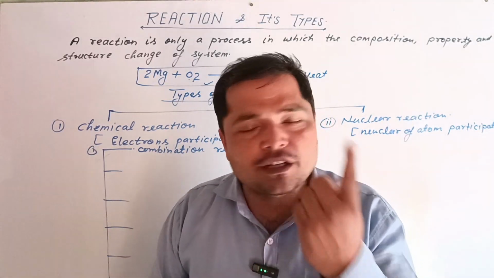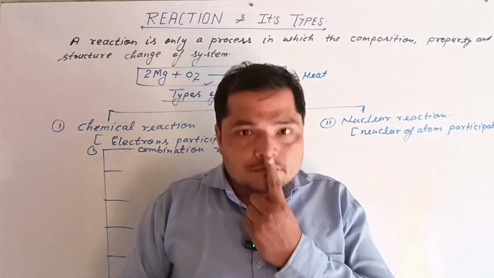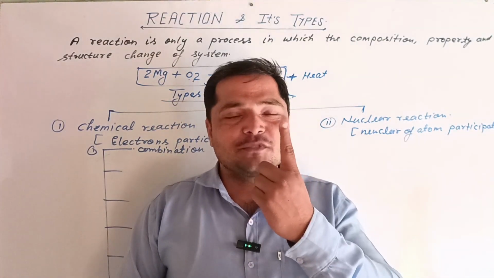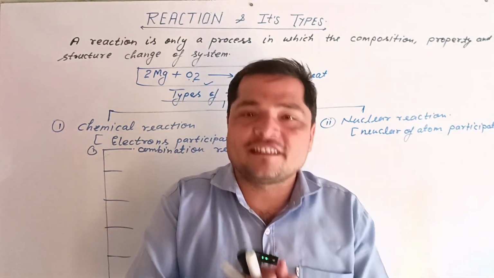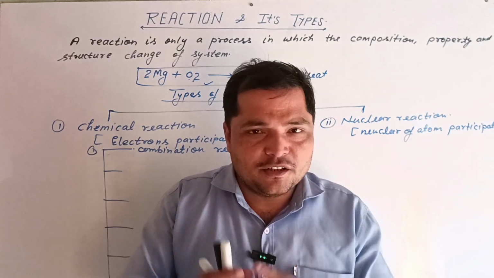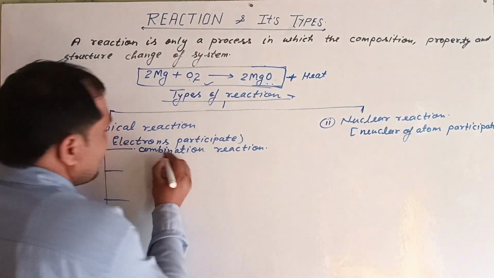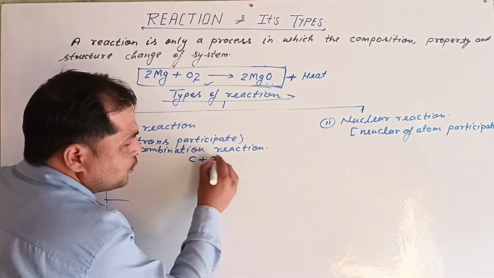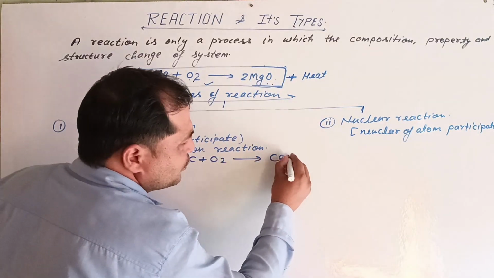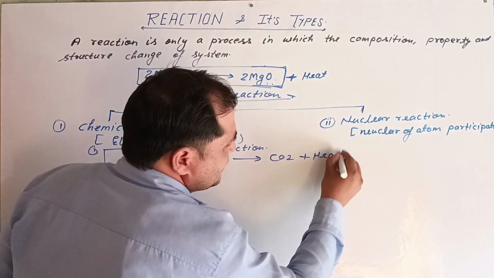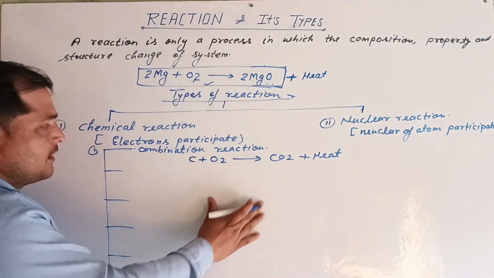You can see here that we get some heating energy during the process of breathing. So C plus O2 gives CO2 and heat. It is a type of combination reaction.